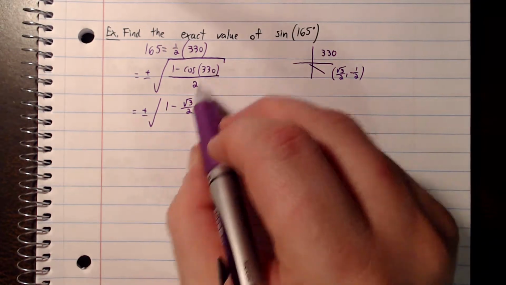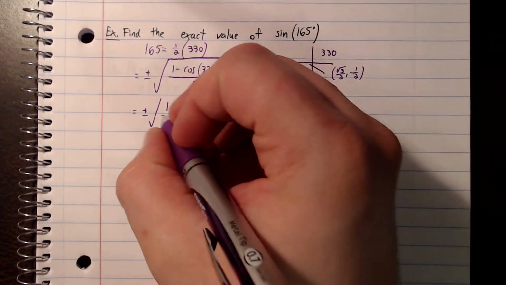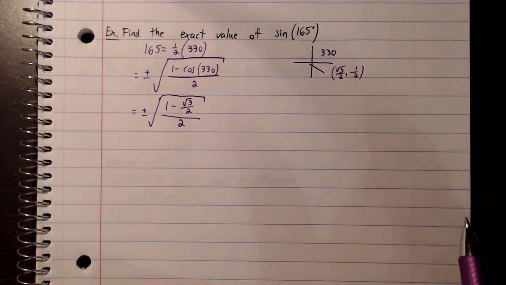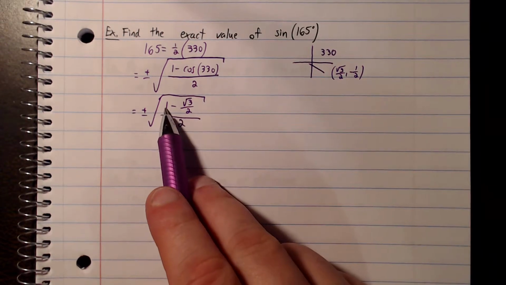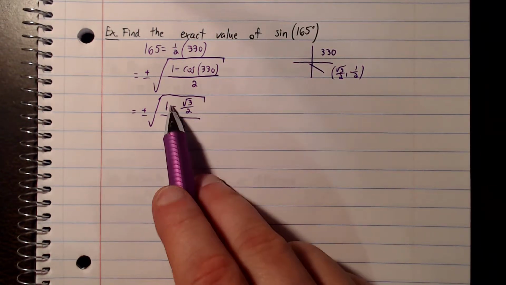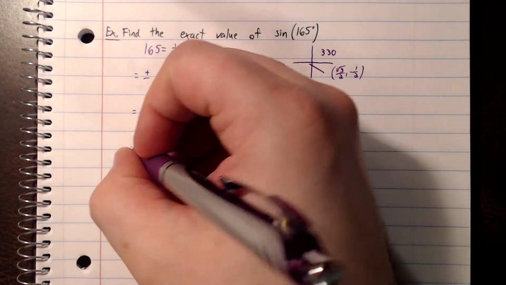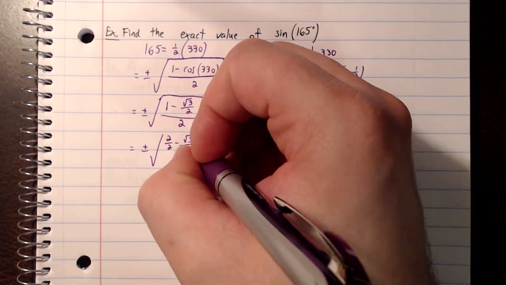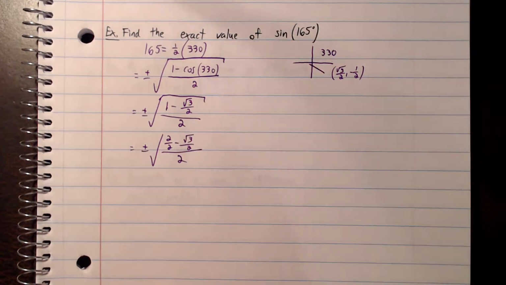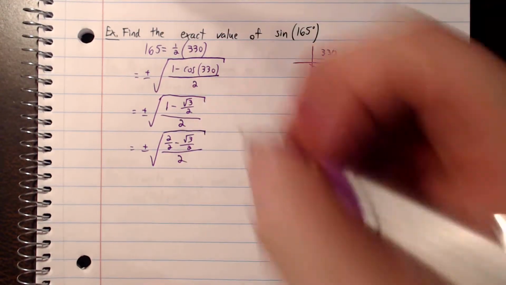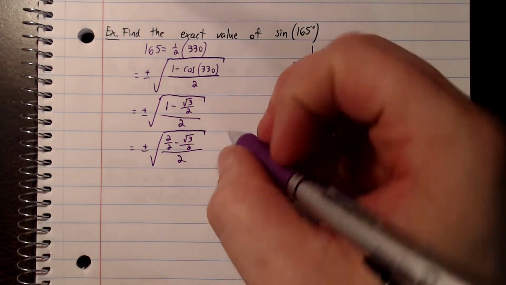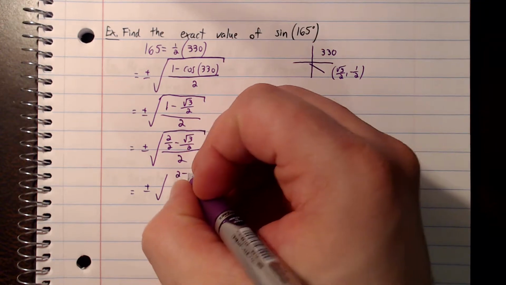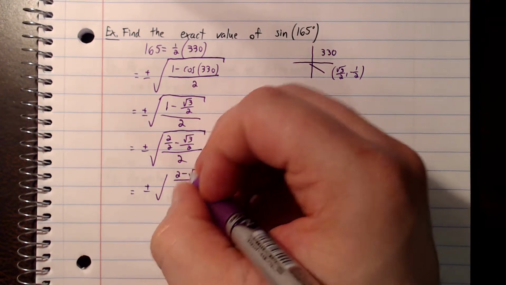I'm just substituting in the value here. Still dividing by 2, all still under that radical. Well, 1 minus this, I need this to become a 2 over 2 in order for us to do that subtraction. And we're still dividing that whole thing by 2. And it's all still under the radical. Now we can do the subtraction, right? Plus or minus square root of 2 minus root 3 over 2.